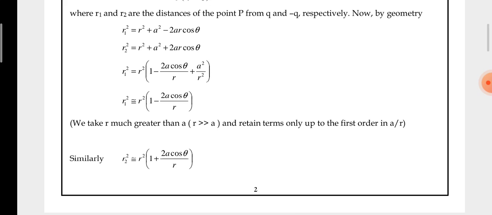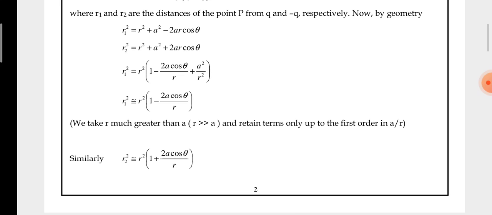Taking r squared common in r1 squared, you get 1 plus a squared by r squared minus 2a cos theta by r. Somewhat differently they have written, no problem.